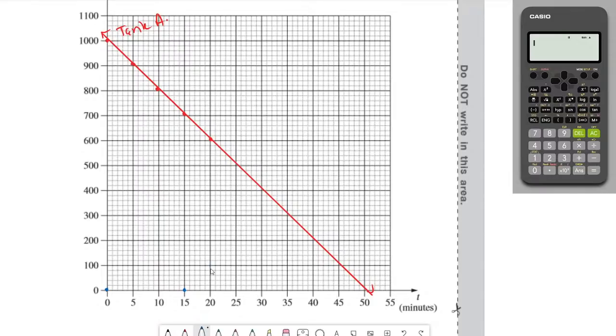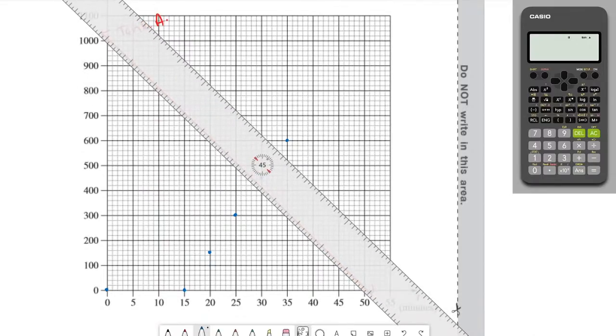If every 1 minute is 30 liters for tank B, then every 5 minutes that occur, we're going to have 30, 60, 90, 120, 150. So it's actually going to grow up something like this. So we'll take our ruler.